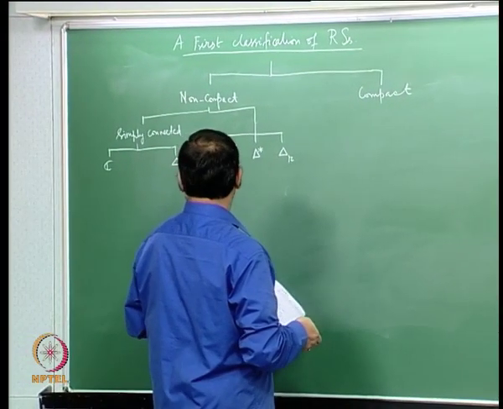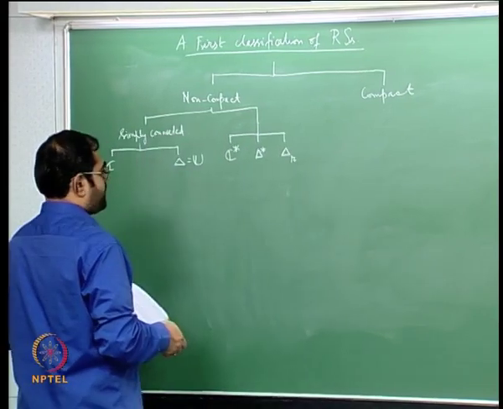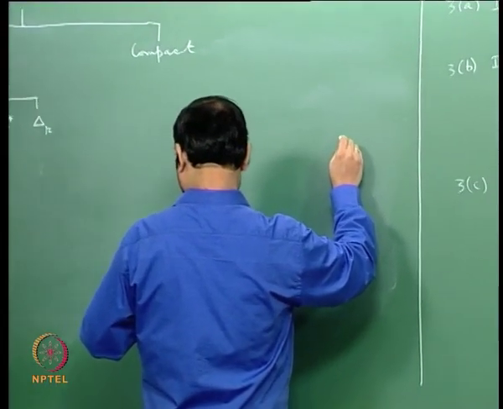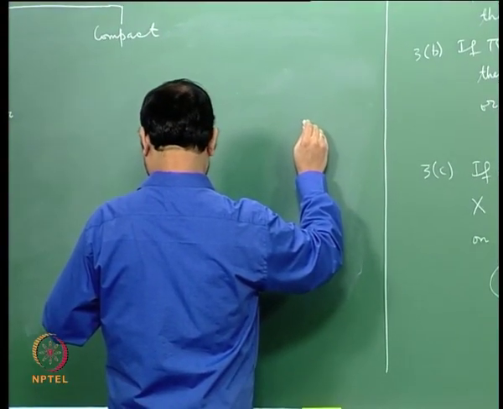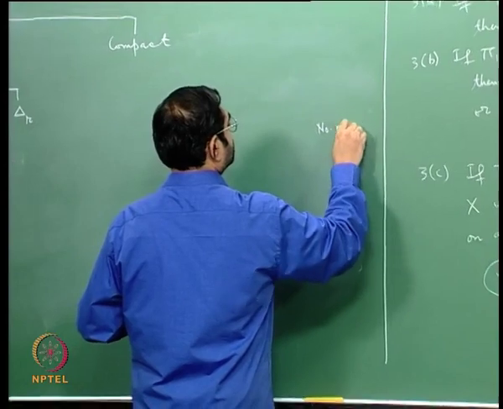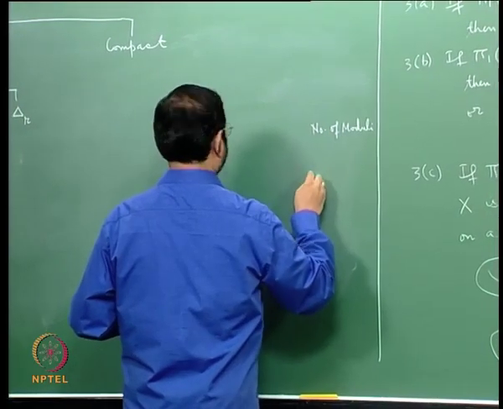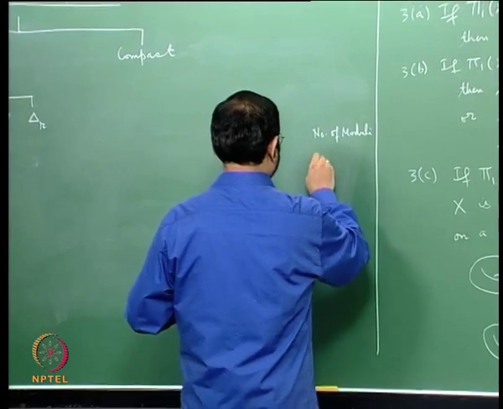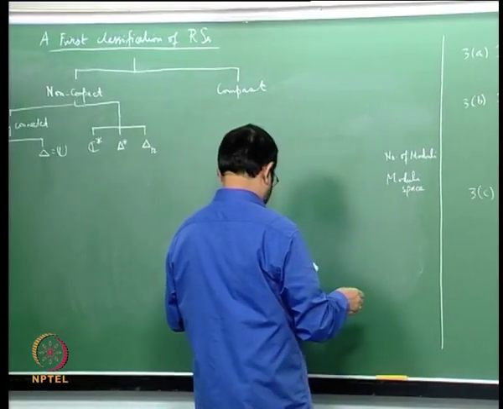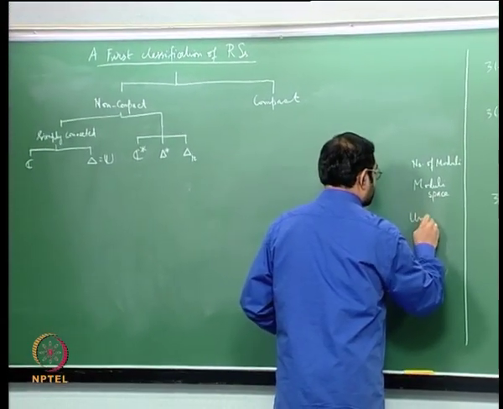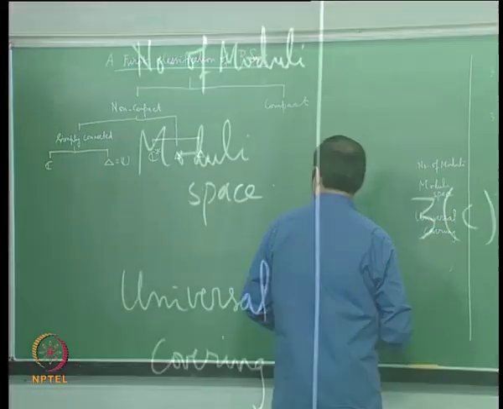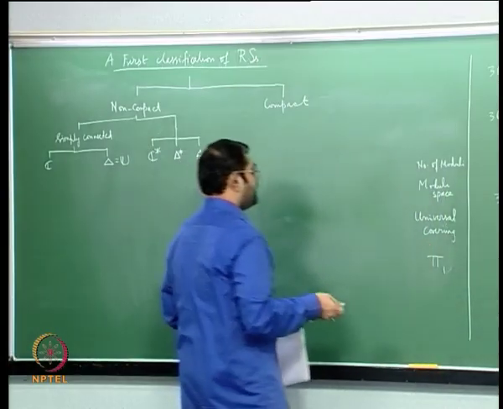For all these cases, I put here the number of moduli, then the moduli space, then the universal covering, and then pi 1.